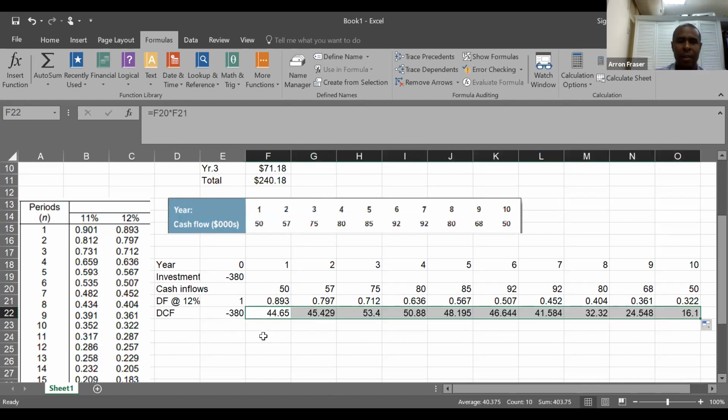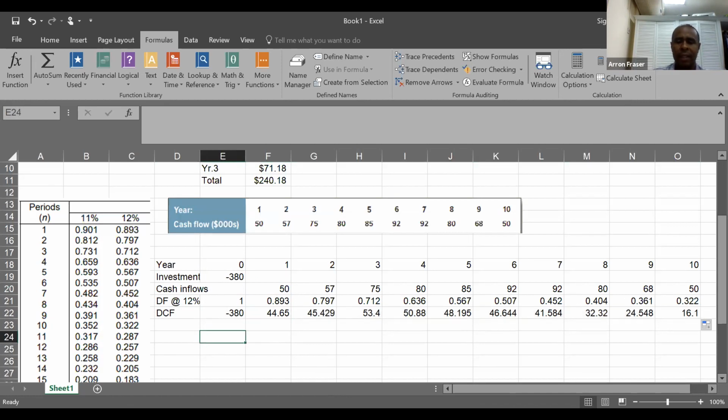And to get the net present value, we just add all of them. So net present value would be equal to the sum of all of this.